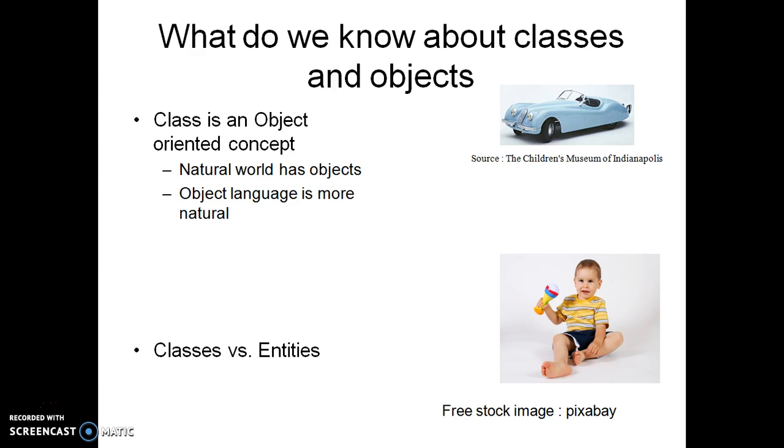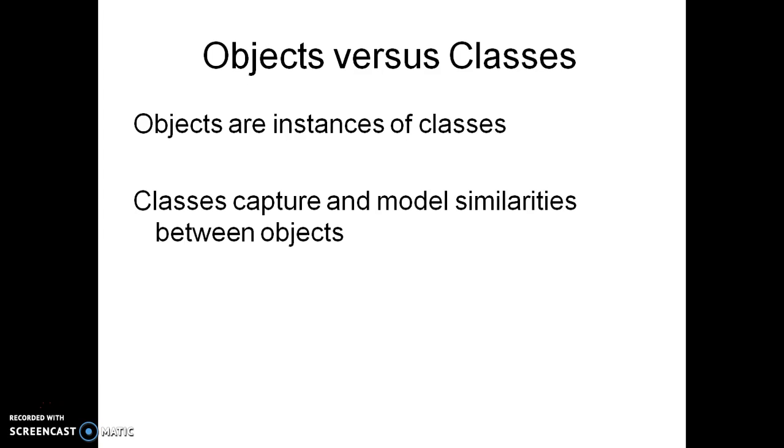However, classes are considered to be a more advanced abstraction because they not only capture the characteristics of the entity, but they also capture the behavior of the student or employee and so on. So, objects and classes are two different things. Objects are considered to be instances of classes, and classes are considered to capture and model the similarities between objects.